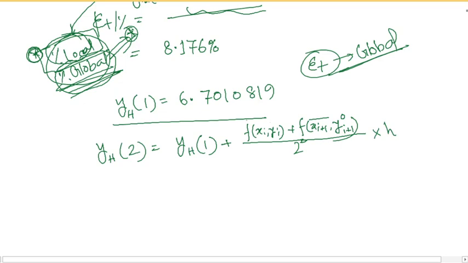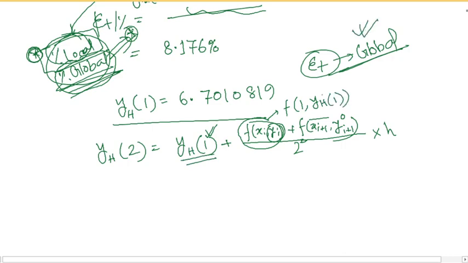So this one means the already existing point, that is at 1. So this one will be f of 1 comma yi, the value we have obtained using Heun's method, that is yh1, as we are using global error.